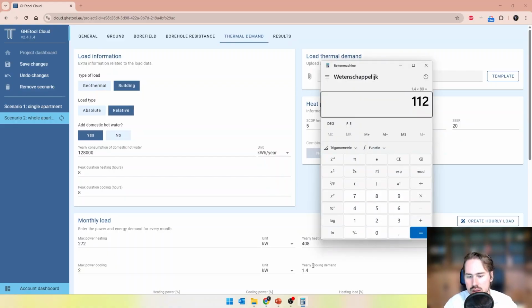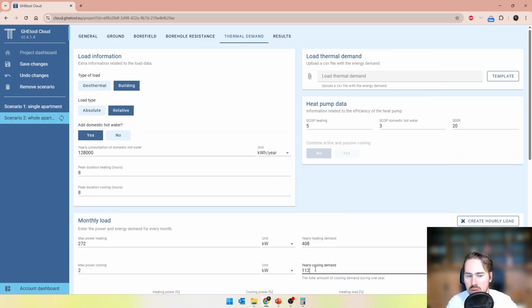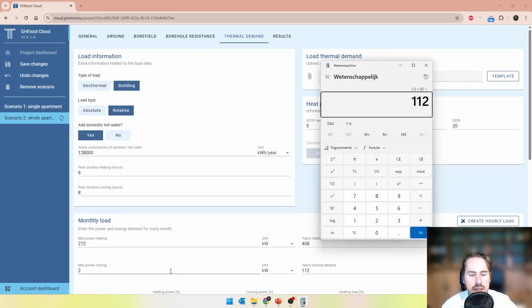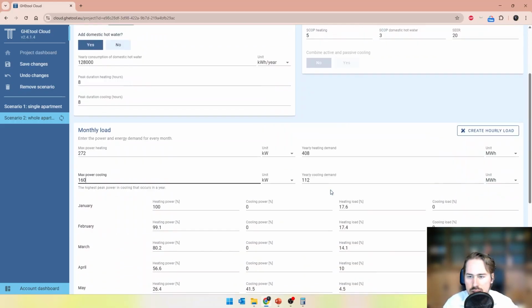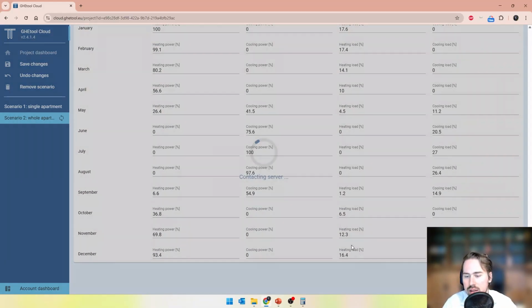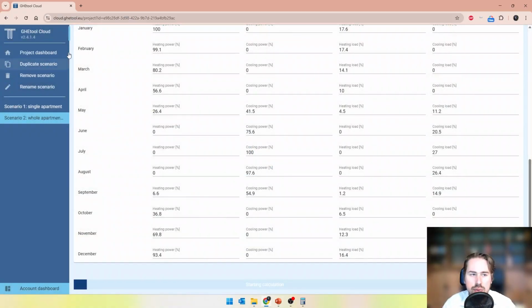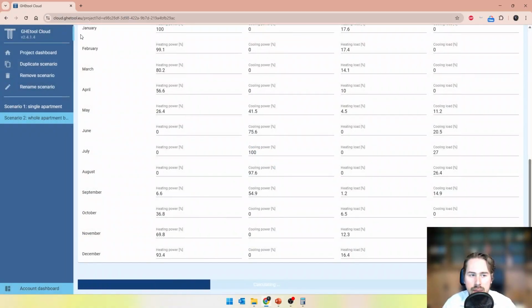For cooling, it's 112. And maximum cooling, that's 160. So let us now go ahead and simulate this for the whole apartment building.